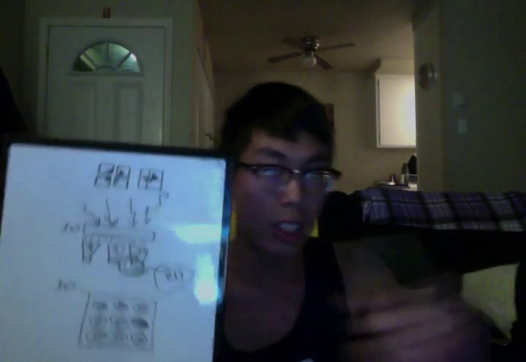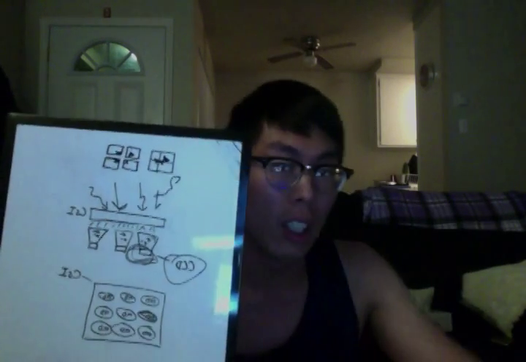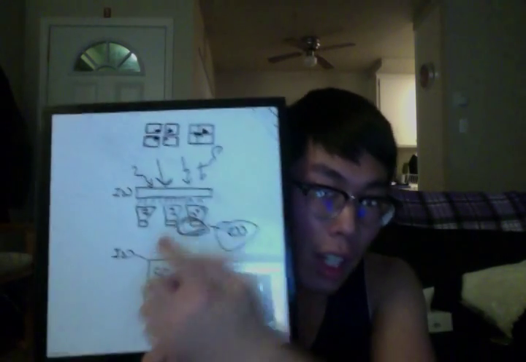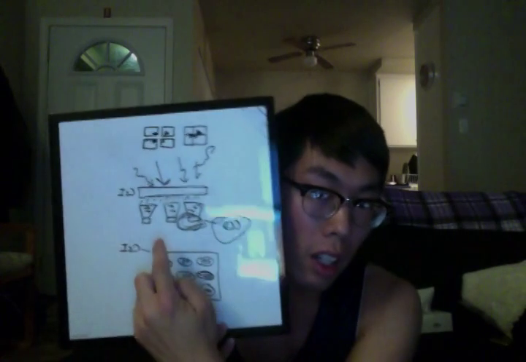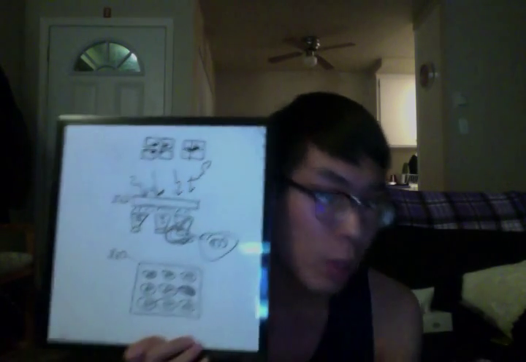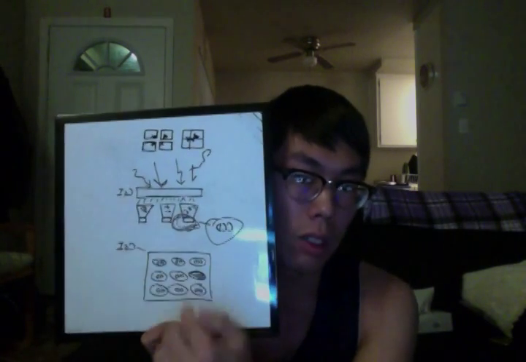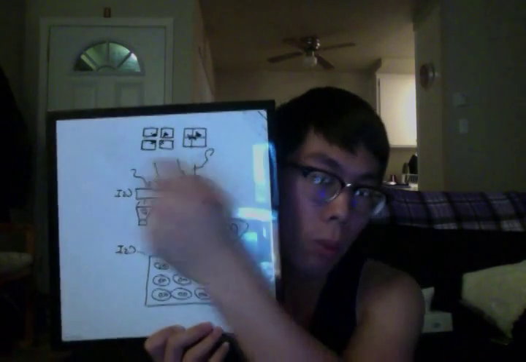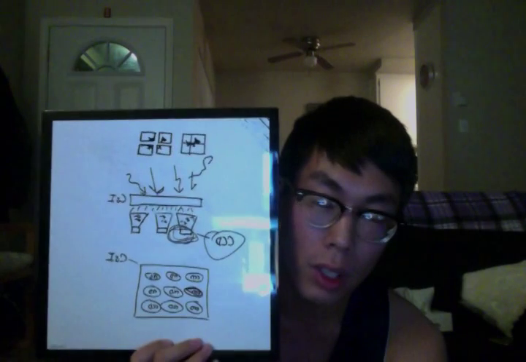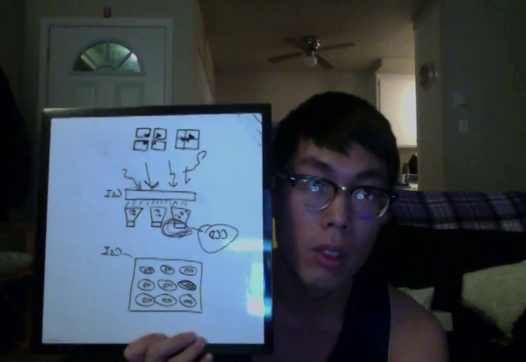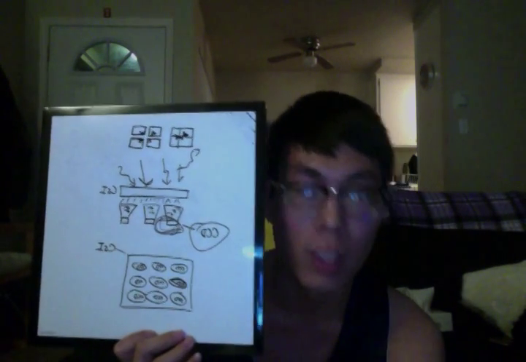To get all that data on this huge thing, on this little dot, would be impossible. So you have multiple of them spread out to gather all the information, and each one has a whole bunch of pixels.